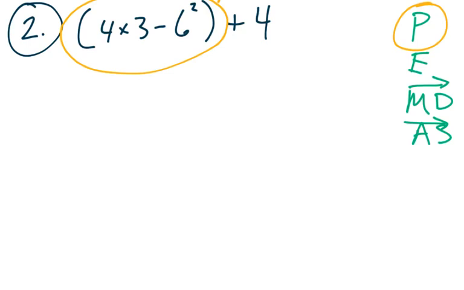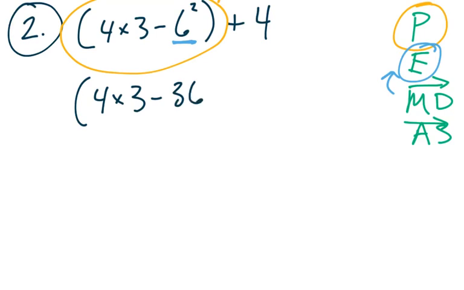But we have 1, 2, 3 operations inside the parentheses. So we have to follow order of operations inside the parentheses as well. So inside, we're going to do this first, because exponents comes before multiplication and division. So we're going to get 4 times 3 minus 6 squared is 36 plus 4.